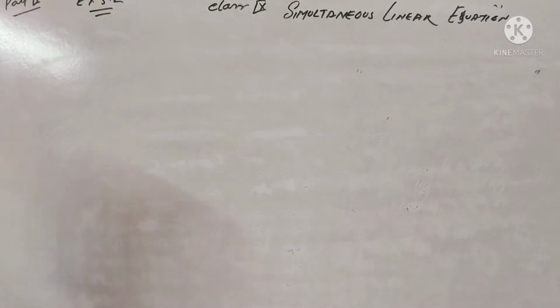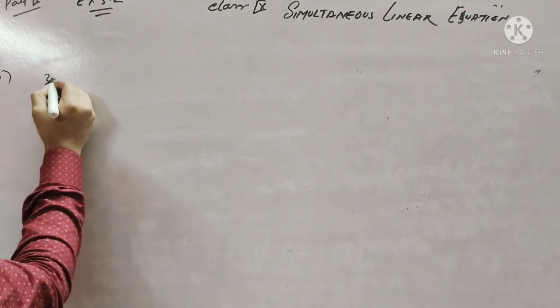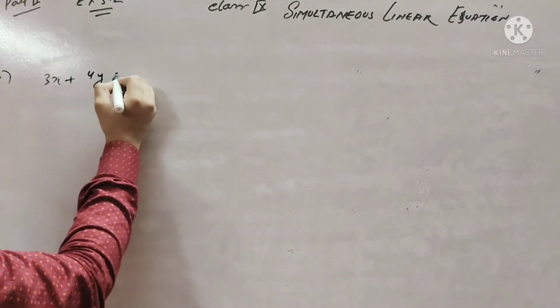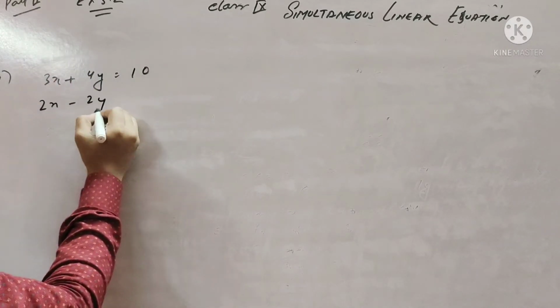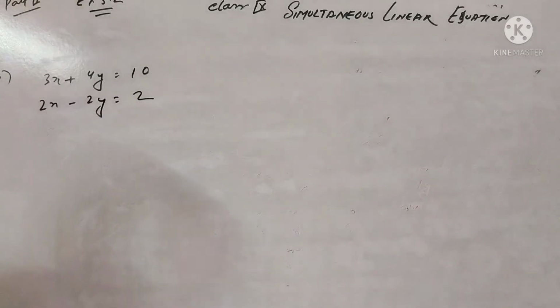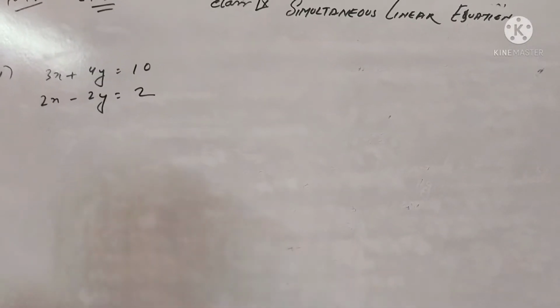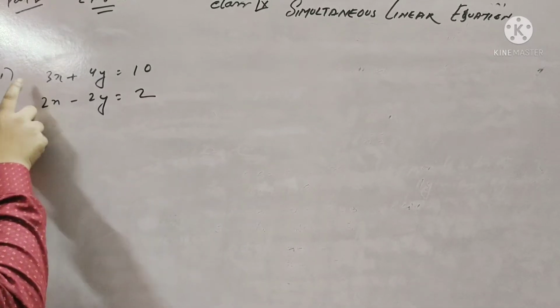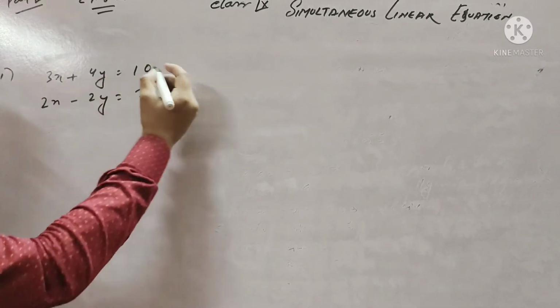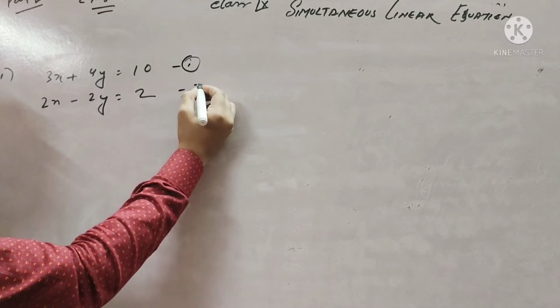One question I will do for you: 3x plus 4y equals 10 and 2x minus 2y equals 2. It totally depends on you whether you want to eliminate y or x. Suppose this is your equation 1 and this is your equation 2.